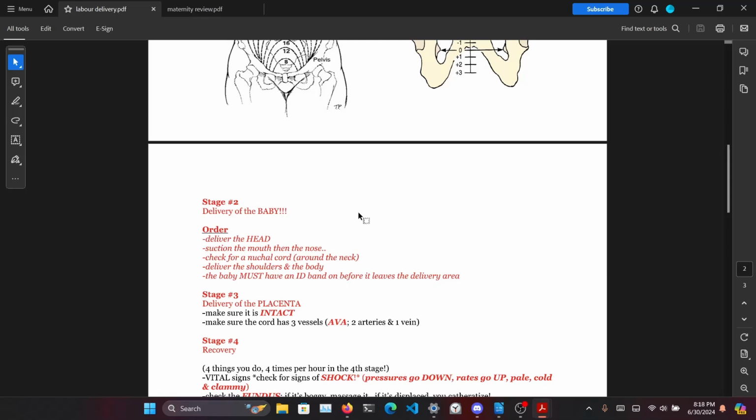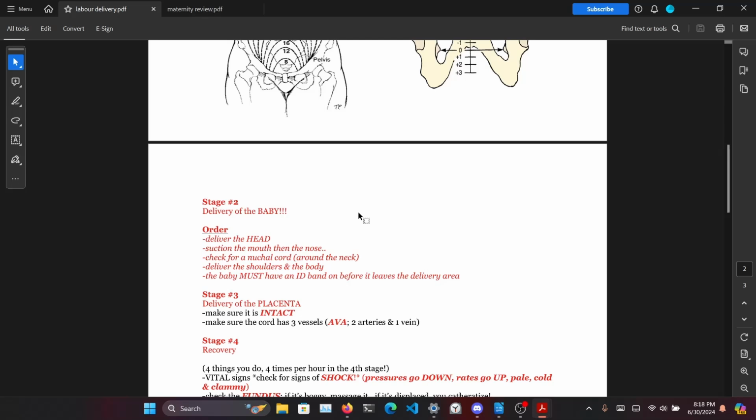It's a long stage 1, that is part 1, latent phase. It's the longest part, and it takes time because the dilation is very slow, 1 to 4 centimeters, and the uterine contractions come every 15 to 30 minutes and last for 15 to 30 seconds. In this case you can do comfort measures, ambulation, offer fluids, IV chips, and help in voiding.